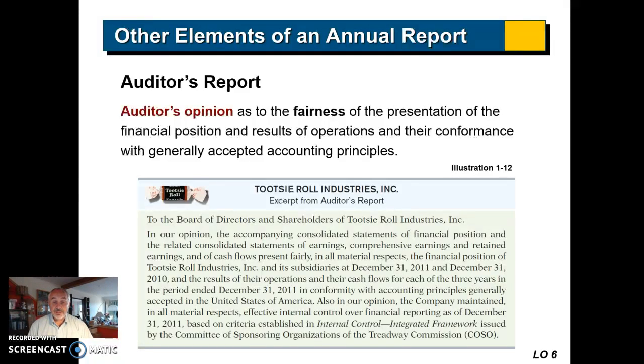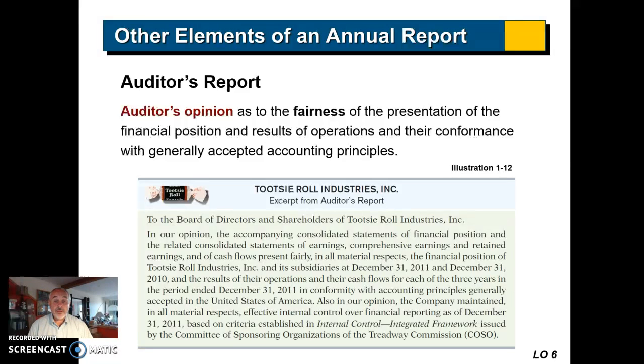So what they've said here is all of the financial statements have been presented in a manner that's according to GAAP, and that they are fairly presented, and there is nothing hidden. There are no errors, whether they were purposeful or inadvertent.